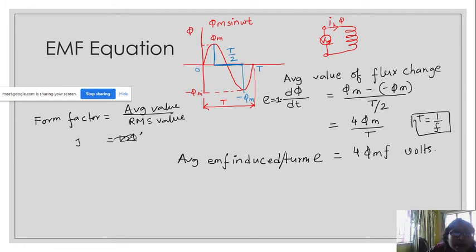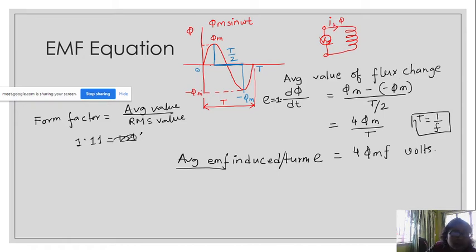Because this is the average induced EMF between 0 and T by 2, if I want it over 0 to T, I need the RMS value. Using the form factor equation, I can get that.